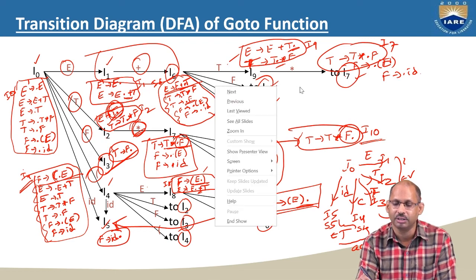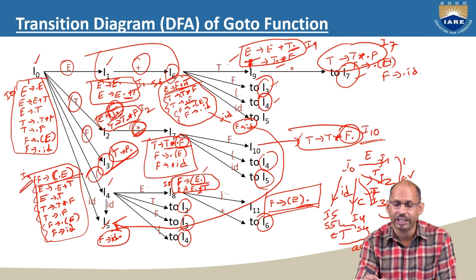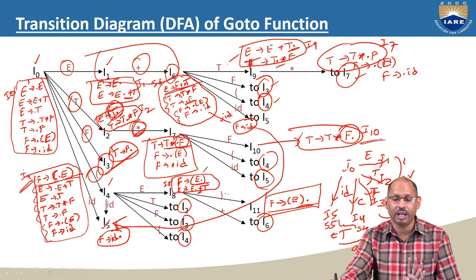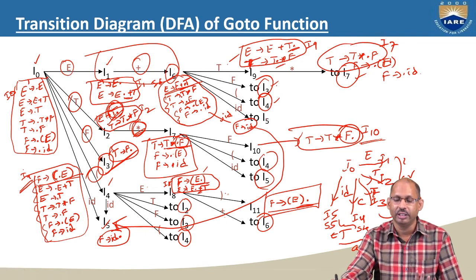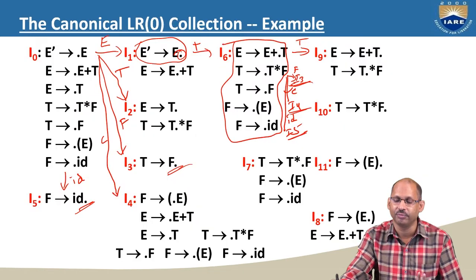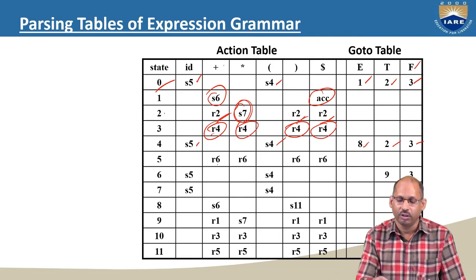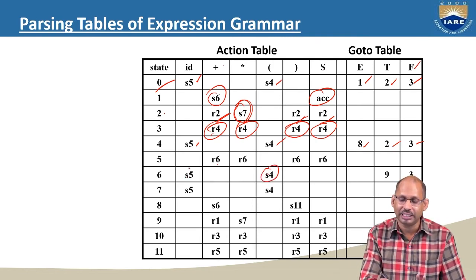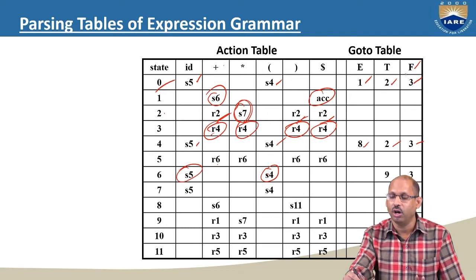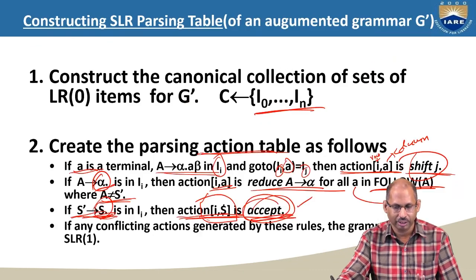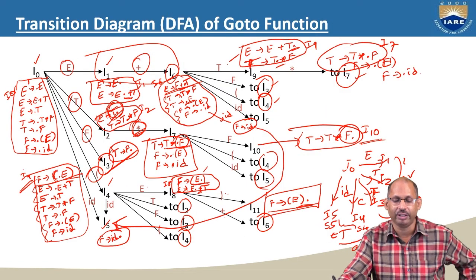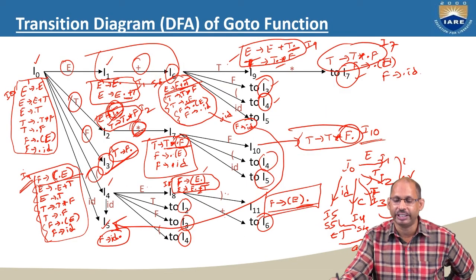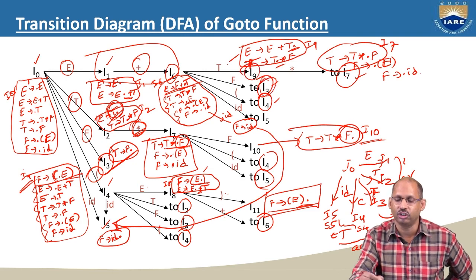On the terminals left parenthesis and ID it goes to 4 and 5. It has 4 Goto operations. On terminal symbols it is S4 and S5. On T and F it is 9 and 3. From these DFA Goto functions, we are writing this 9 and 3.